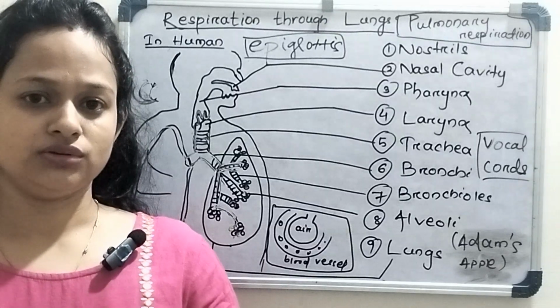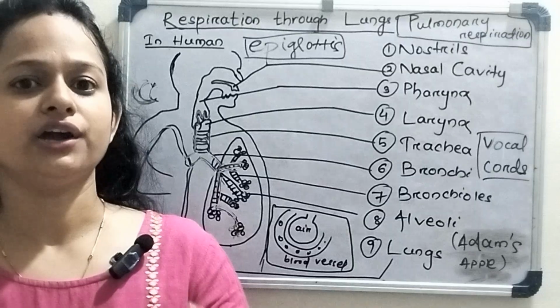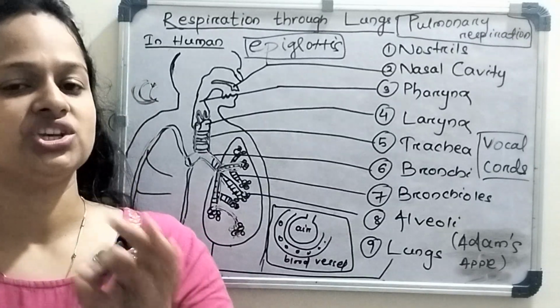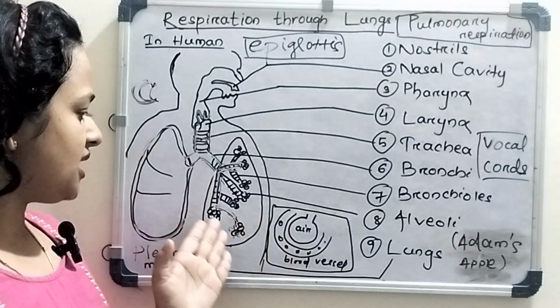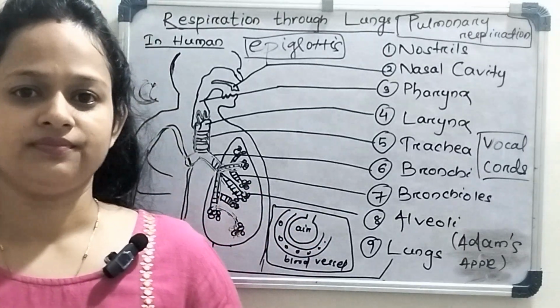So the RBCs are accommodated with hemoglobin, which carries the oxygen from these alveoli to different parts of the cells.